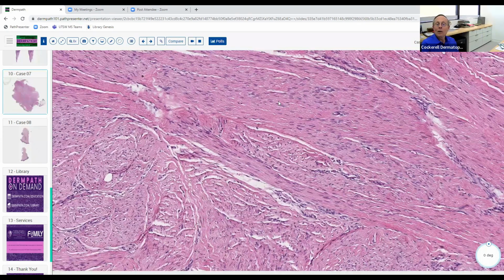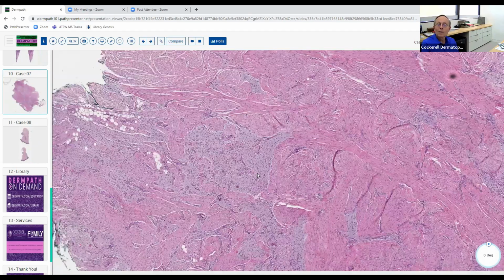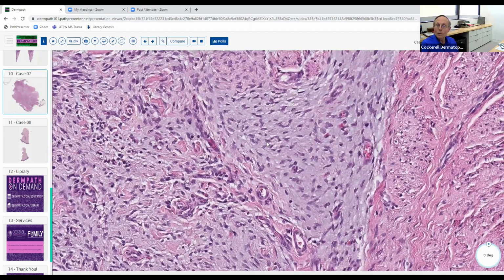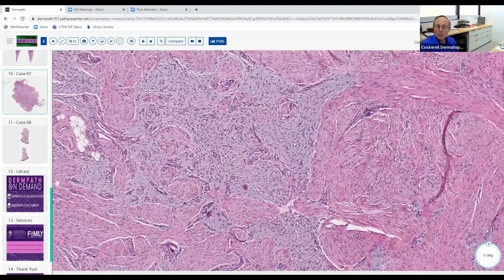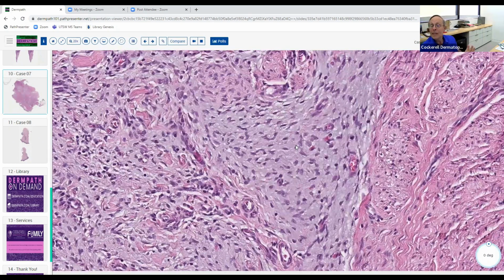Now, it's also got some other interesting findings here. It's got this more delicate fibromucinous stroma with these little whorls of fibroblasts. If you biopsy an embryo in the woman's uterus and look at those fibroblasts, they look like this jelly-like material.